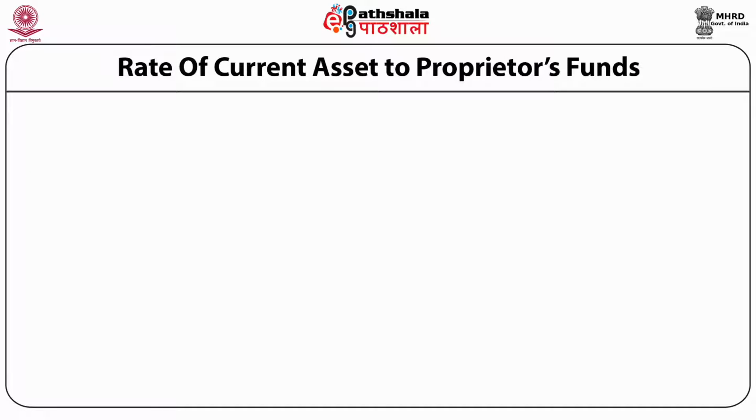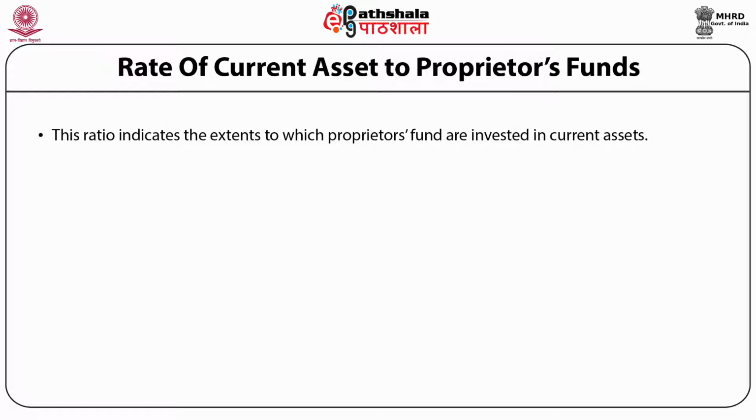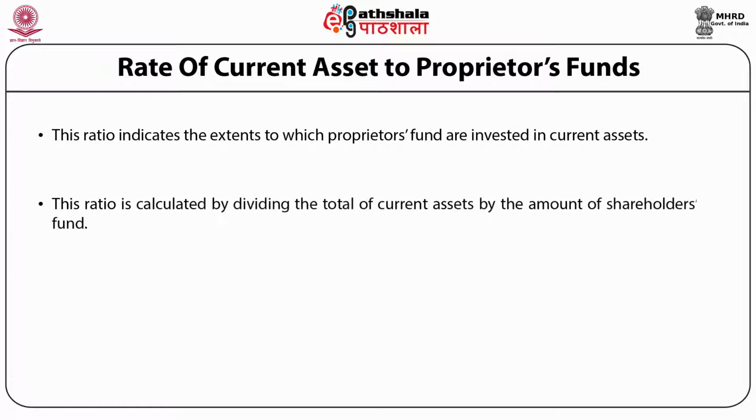Next ratio is rate of current assets to proprietor's funds. This ratio indicates the extent to which proprietor's funds are invested in current assets. This ratio is calculated by dividing the total current assets by the amount of shareholders' fund.